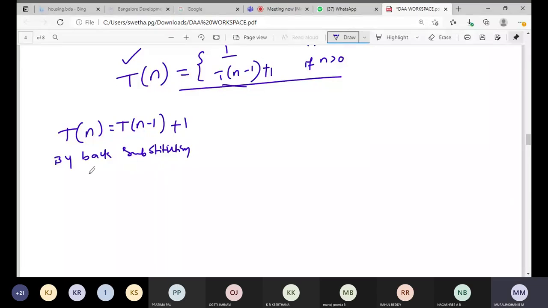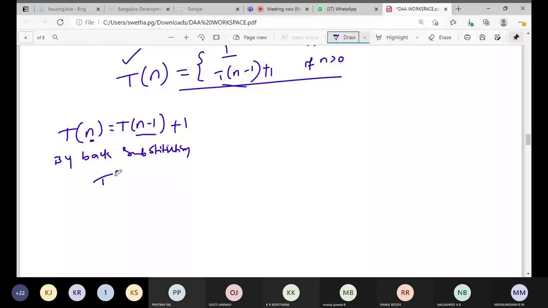By backward substitution, we'll solve this one. Observe here, in place of n, we are writing n minus 1. Am I clear?